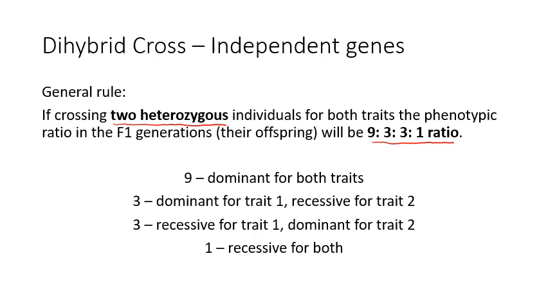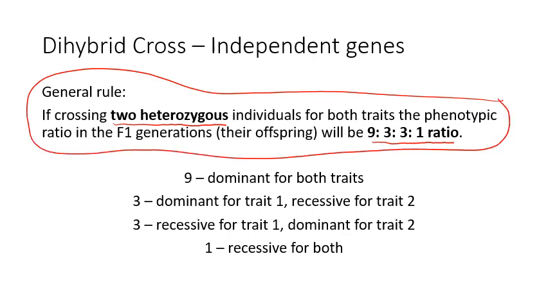Okay, so it's probably quite easy for you guys to remember that little fact, this general rule. But it's not good enough to just remember that general rule. The other thing that you need to be able to identify, and this will come with practice, is what the 9 represents, what each of the 3 represents, and what the 1 in the ratio represents.